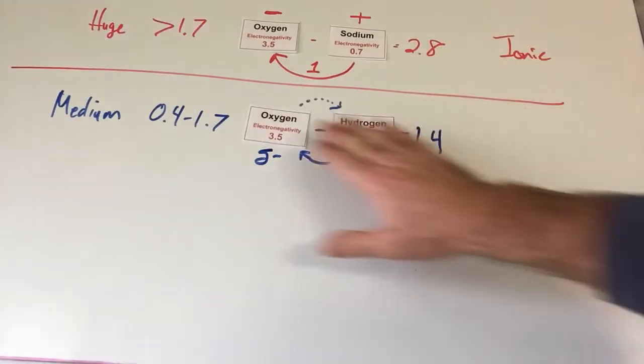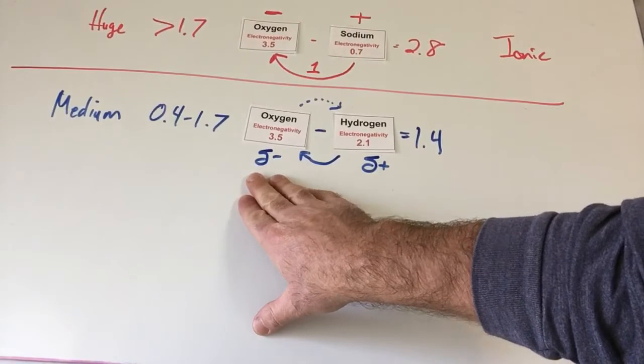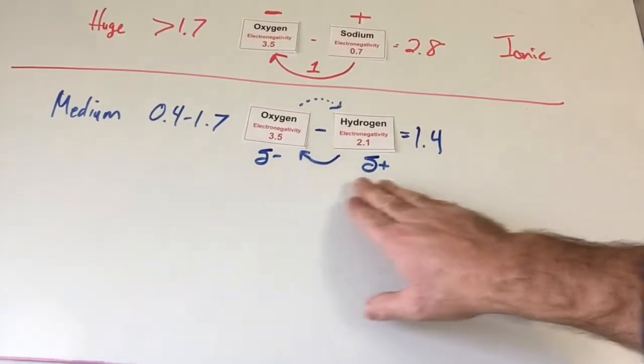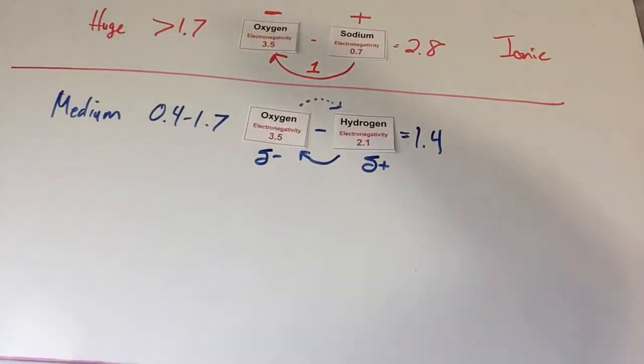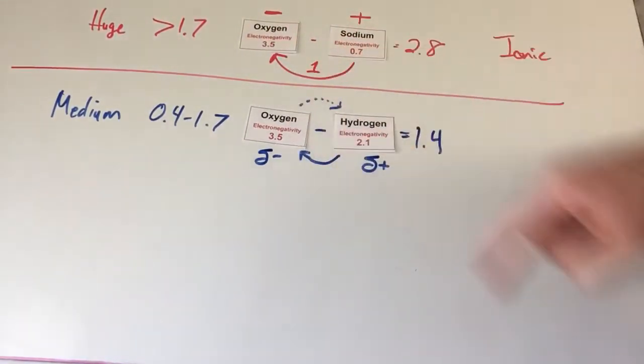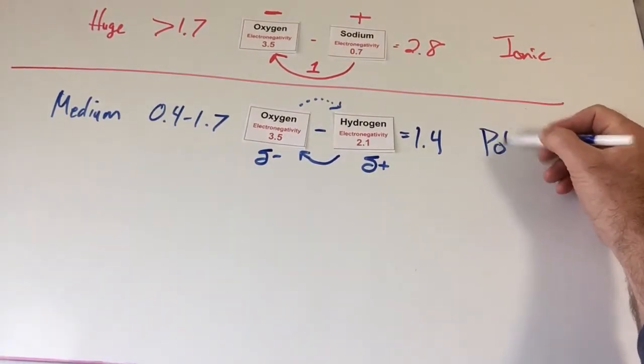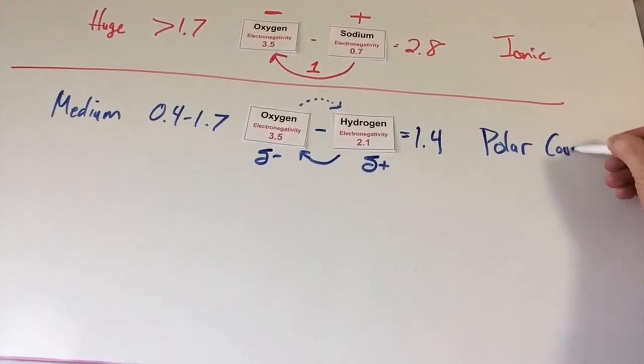So this will most of the time have a slightly negative lilt to it, and this will have a slightly positive lilt, but it's not like the ionic case where this is a one-way street, never to return. There is a cycle here, and that means that it's covalent, but because it has a negative pole and a positive pole, it is polar covalent.